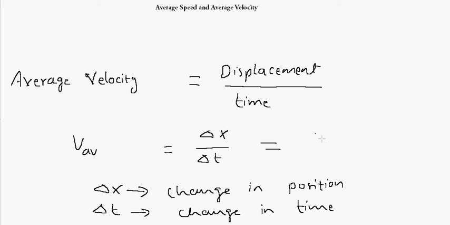This can be written as the final position minus the initial position and the final time minus the initial time, Ti.